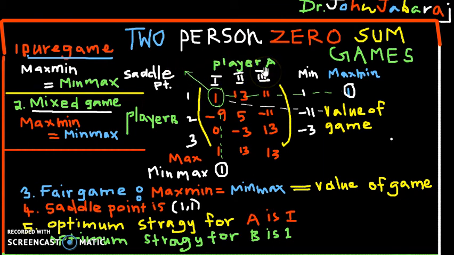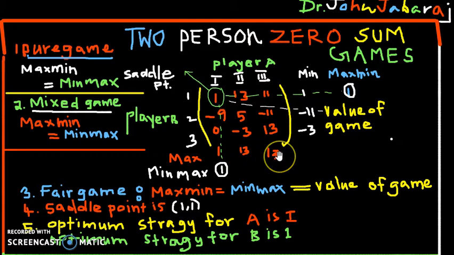So first we are finding out the maximum losses. Here the maximum loss from the first strategy is 1, from the second strategy 13, and from the third strategy it is 13. So the maximum losses for player A by these 3 strategies are 1, 13 and 13.